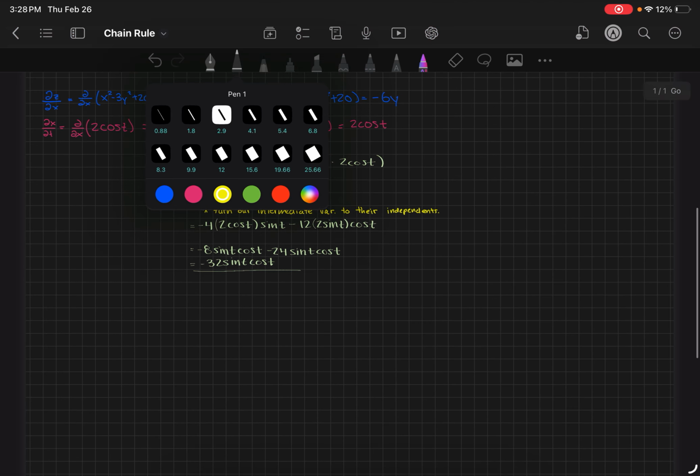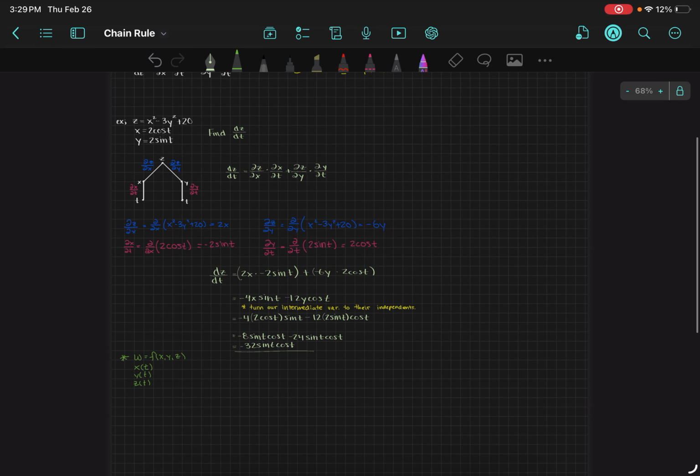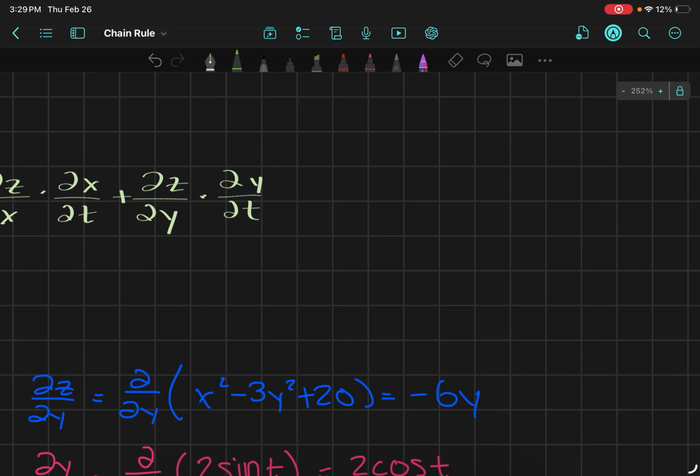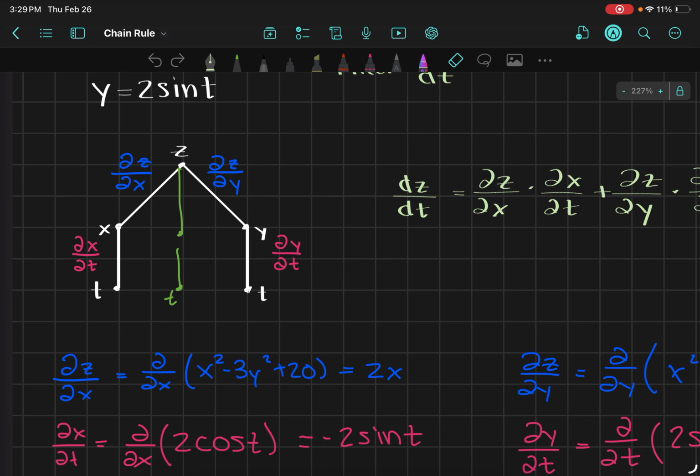So just as a quick little note here, we can do the tree diagram with, say, w is equal to a function of x, y, and z, wherein our x of t, y of t, z of t, simply we're just going to add another branch to this right here with our z, another t right here.